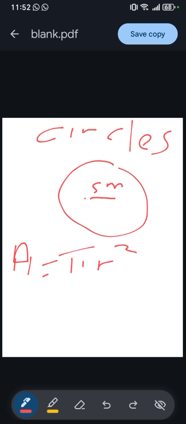Okay, so obviously it's squared, but remember guys, we used 3.14 there, right?